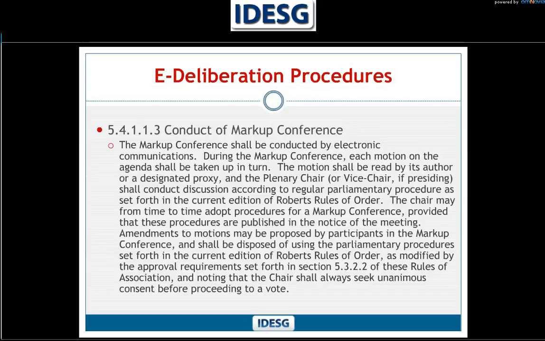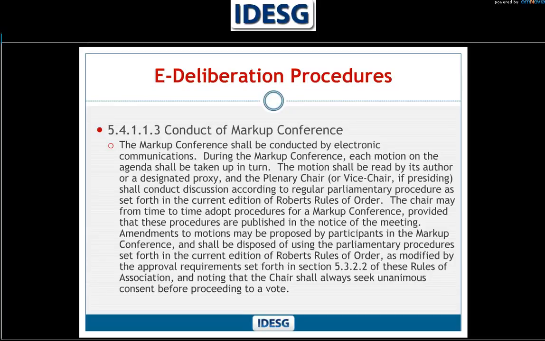So 54113 describes the conduct of the markup conference. Basically, the idea is that any motions which have been put onto the agenda in advance of the markup conference in the noticed agenda are taken up in order, and they are considered according to the ordinary Robert's Rules of Order, and amendments can be proposed during the markup conference, and those are disposed of in the usual Robert's Rules of Order way, with the caveat that per our usual procedures, the chair should always seek unanimous consent before proceeding to a vote.